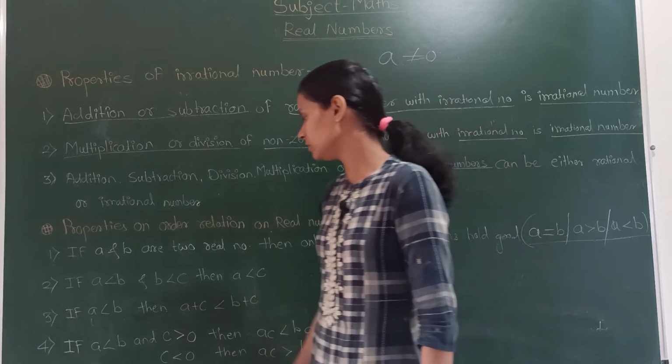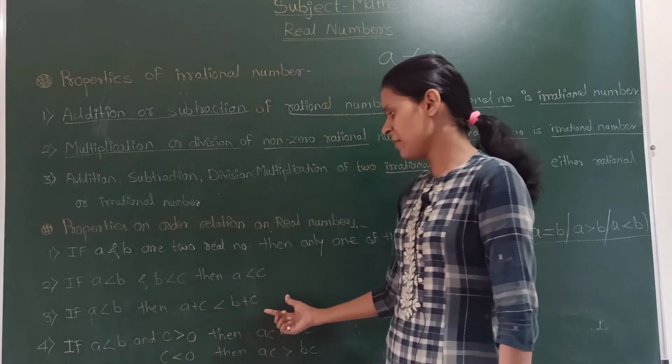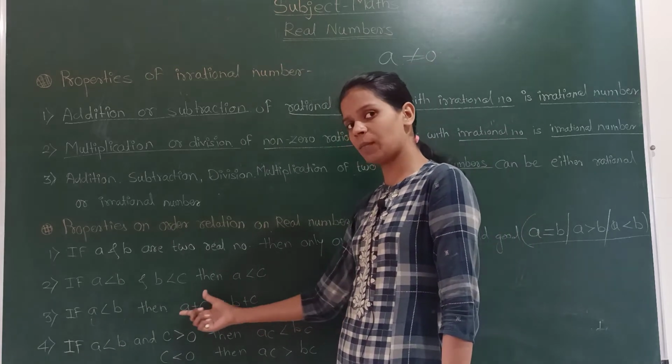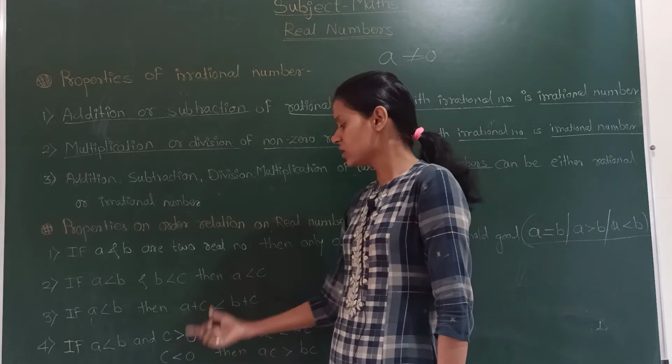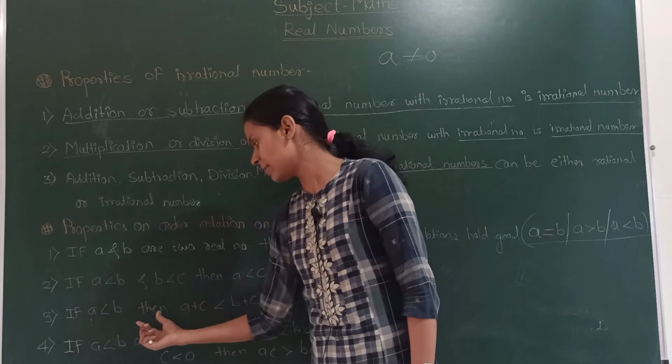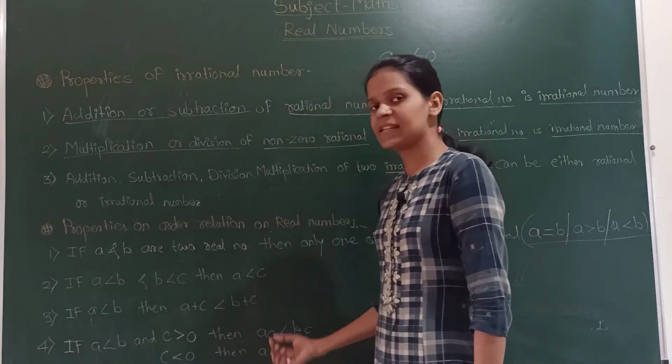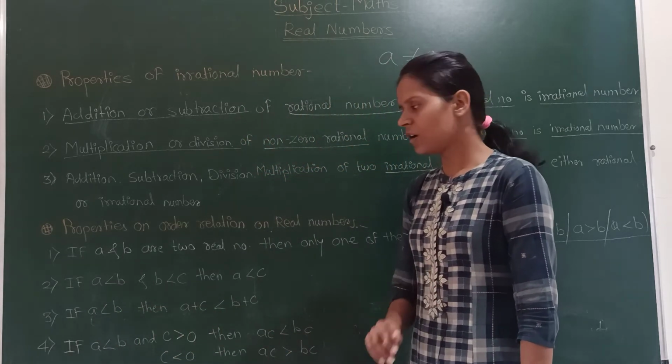We are adding the same term to both numbers, A and B. So if A is less than B, then A plus C is less than B plus C. This is the third property.